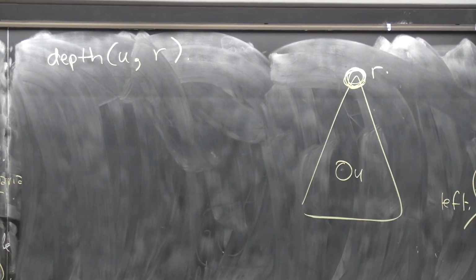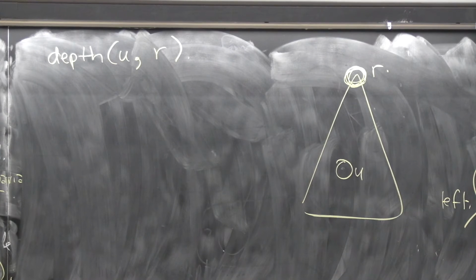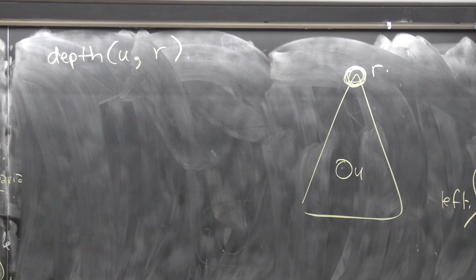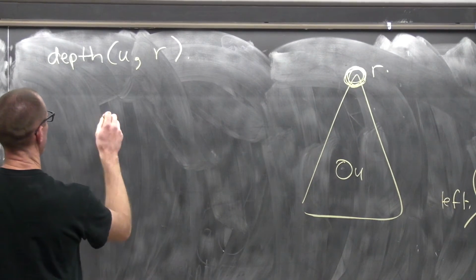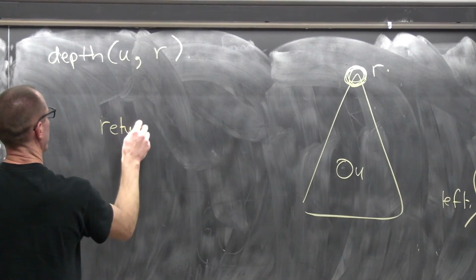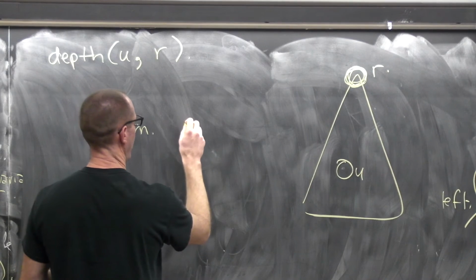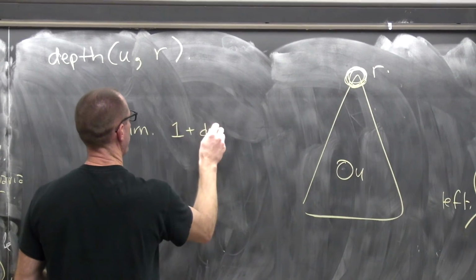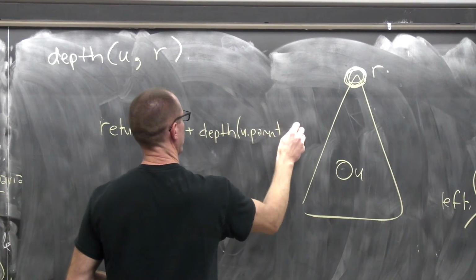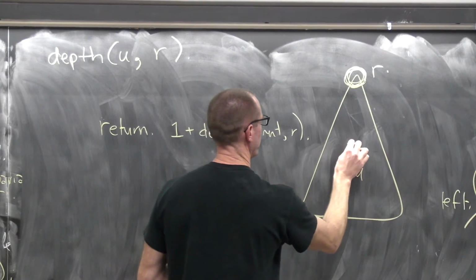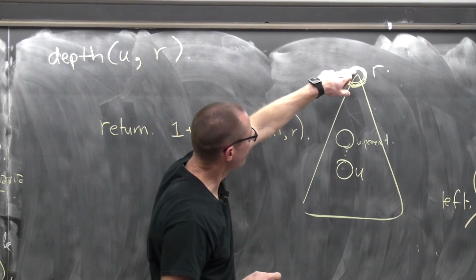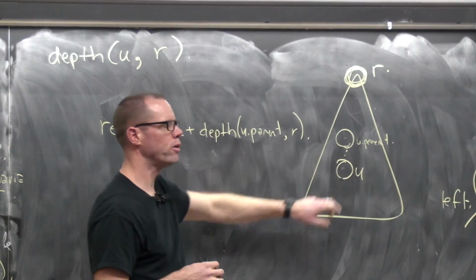Yeah, just return 1 plus the depth of u dot parent. So you could use recursion and say, I will return 1 plus the depth of u dot parent, back up to R. So the length of this path plus 1 is the length of the path to u.